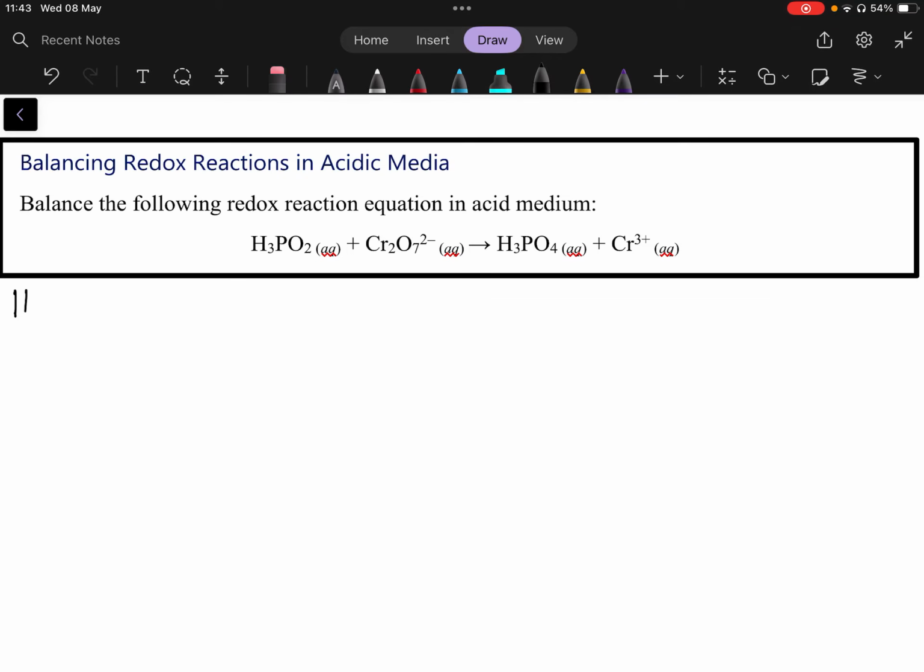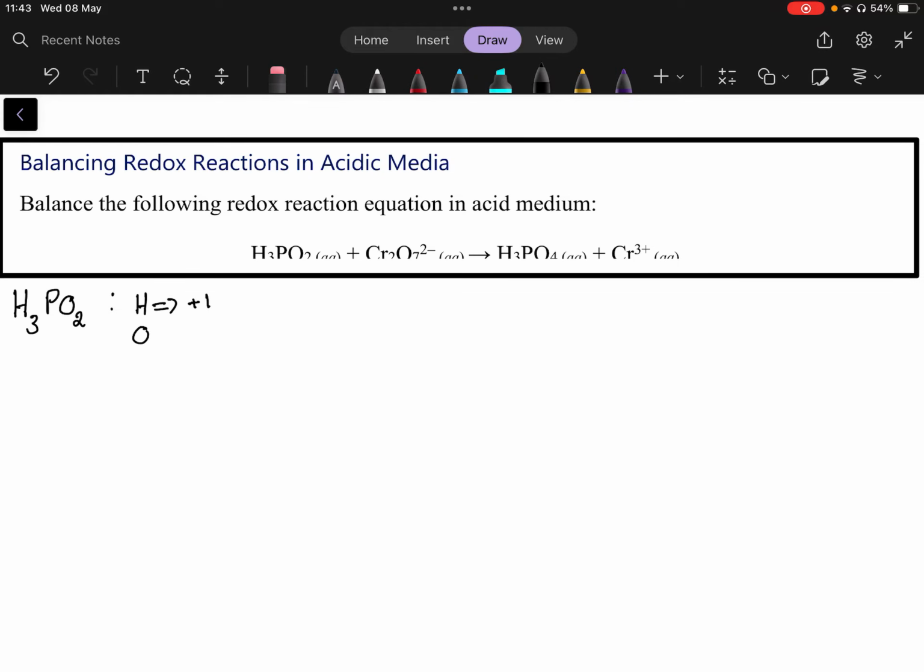So in this first case, we have H3PO2. And what we know is that for hydrogen, the charge is always +1. For oxygen, the charge is always -2. And the phosphorus is unknown. So how we then check that is we say, well, for hydrogen, there's 3 hydrogens with a +1 charge.